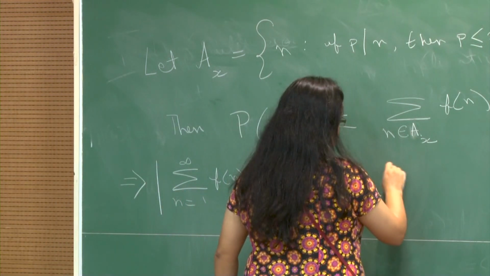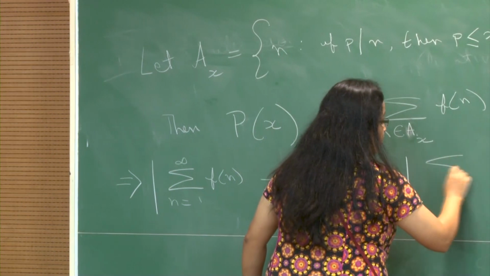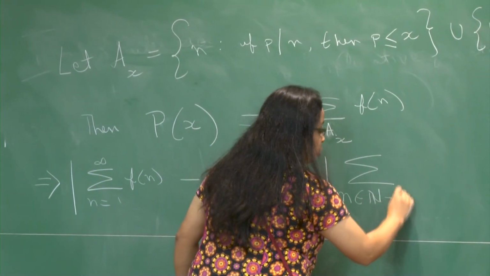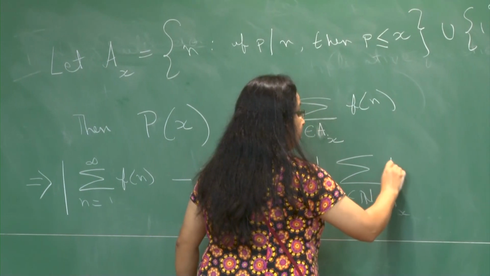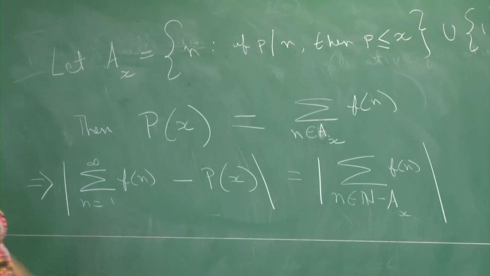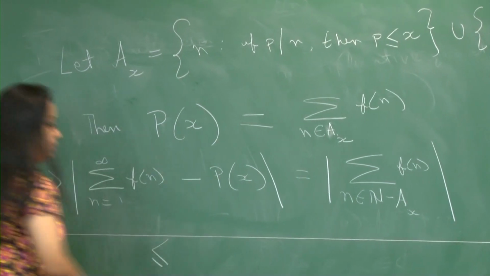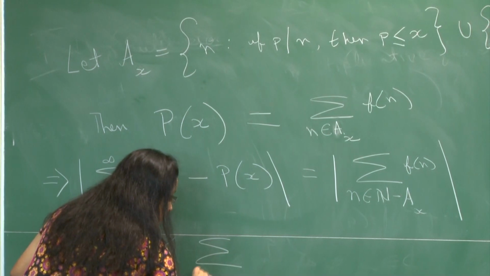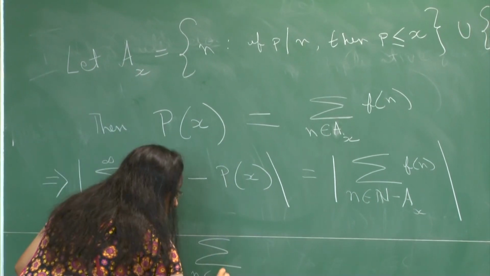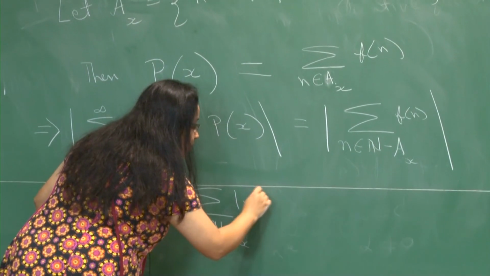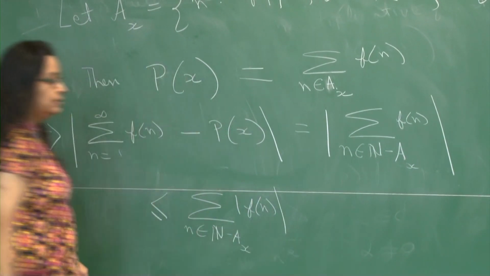You are left with all those n's which are natural numbers, but not lying in a sub x, f of n. This is less than or equal to the summation over n lying in N minus a sub x of absolute f of n.